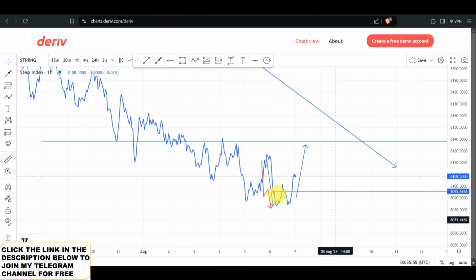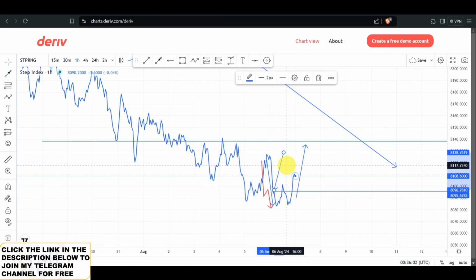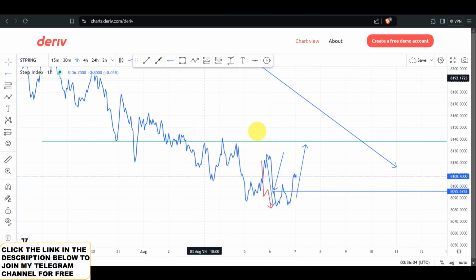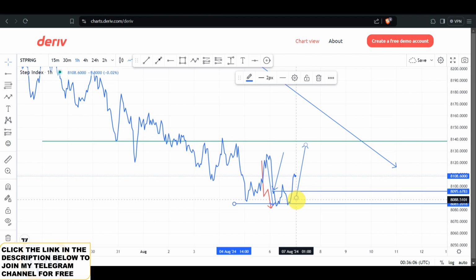So this shift of the market structure was observed, and we said, okay, since the market provided us with a shift of the market structure right here, we are hoping for the market to come back inside areas of liquidity before actually buying.